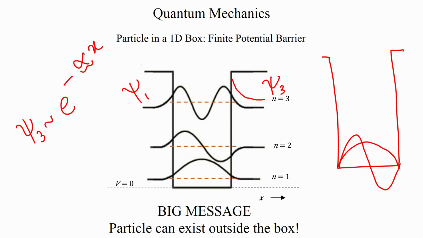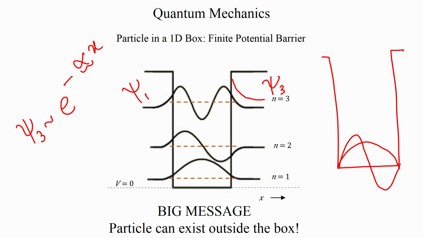Now mathematically that looks fine, it doesn't seem very difficult because the exponential came out of the differential equation. But just imagine what it is implying. You have a finite potential barrier, and the total energy of the particle is less than the potential energy of the barrier.